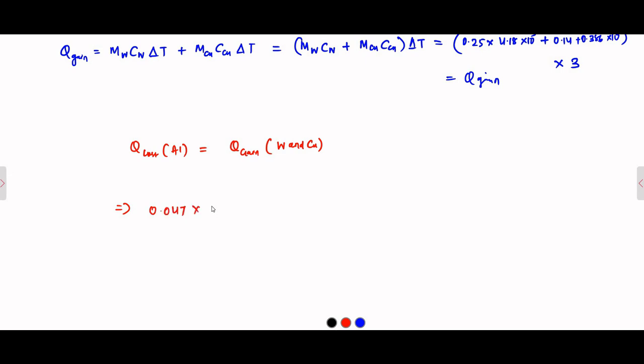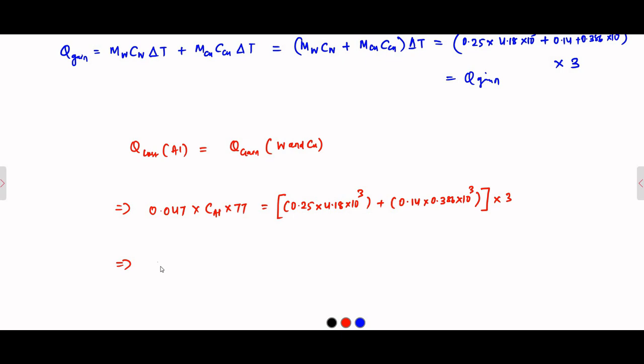So that implies 0.047 into specific heat of the aluminium into 77, the MC delta T relationship for the aluminium sphere heat loss, is equal to 0.25 into 4.18 into 10 to the power 3 plus 0.14 into 0.386 into 10 to the power 3, into 3.